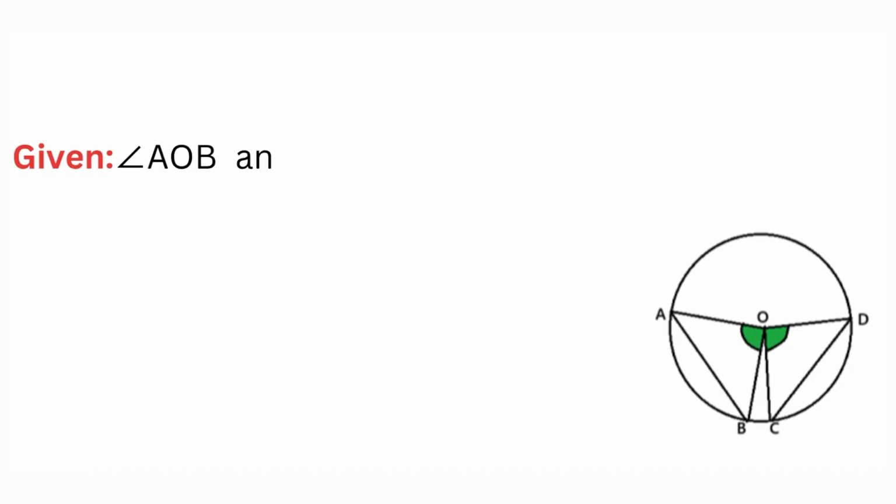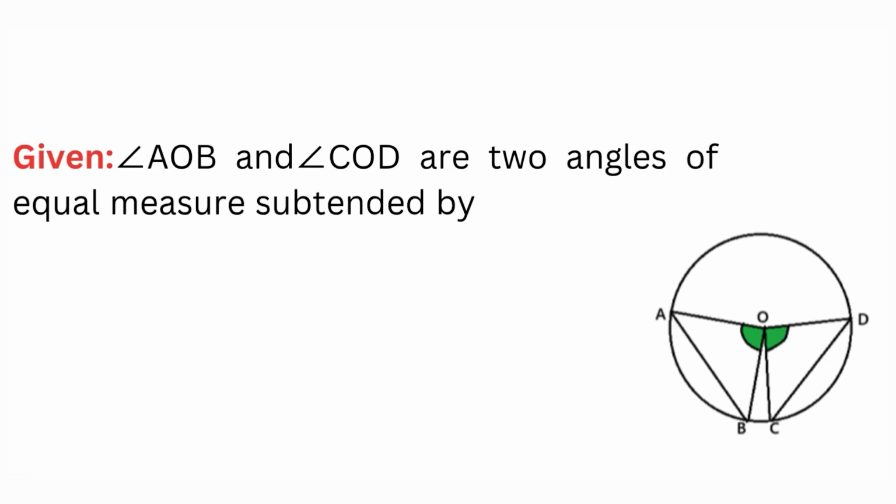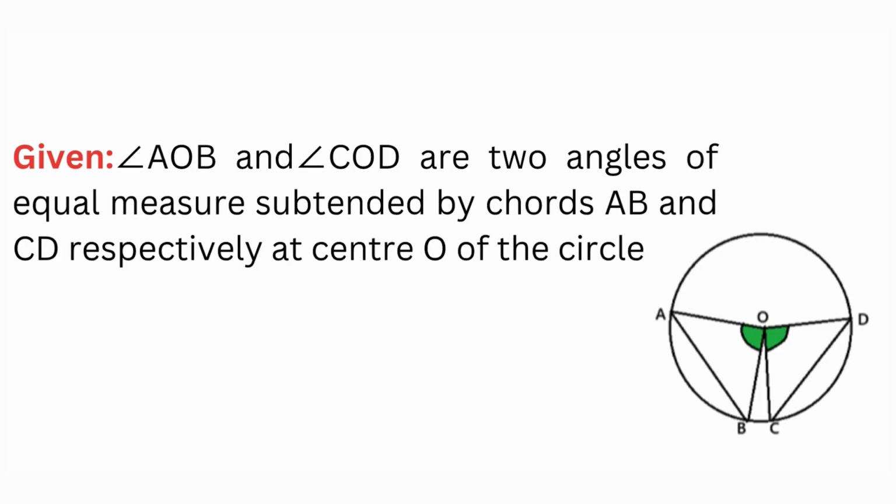Angle AOB and angle COD are two angles of equal measure subtended by the chords AB and CD respectively at the center of the circle. You observe the diagram. According to the theorem, it is given angle AOB equal to angle COD.